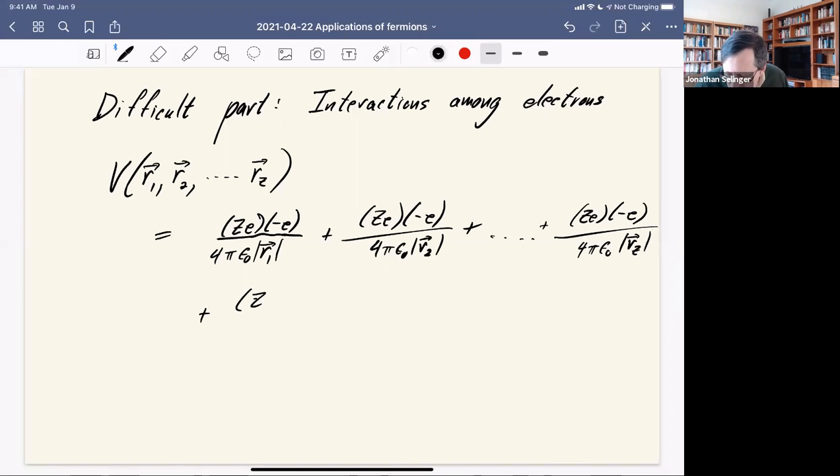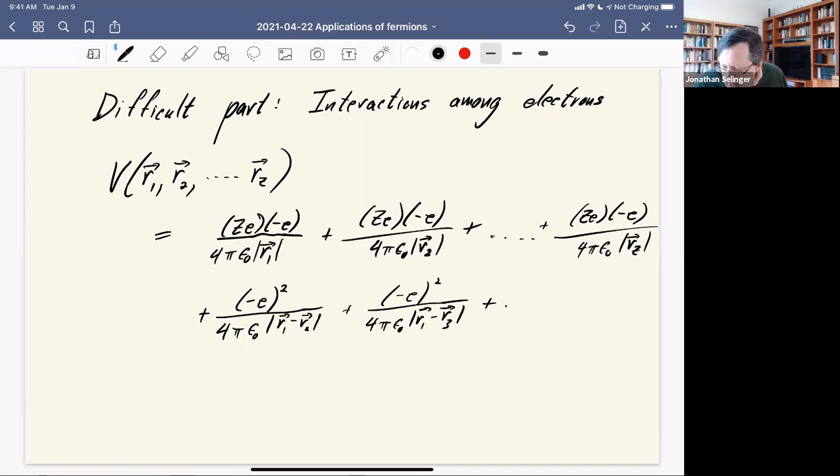That makes an interaction that looks like negative E squared over 4 pi epsilon naught absolute value of R1 minus R2, plus negative E squared over 4 pi epsilon naught absolute value of R1 minus R3, etc., for all the pairs of electrons that might be interacting with each other.